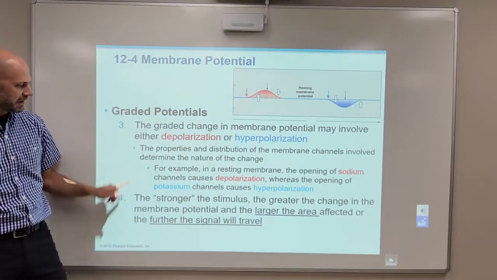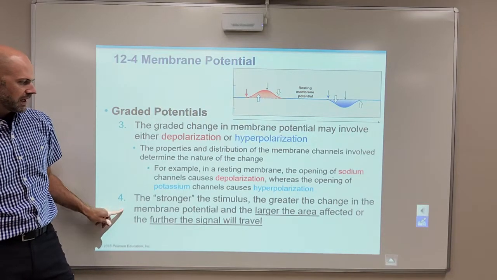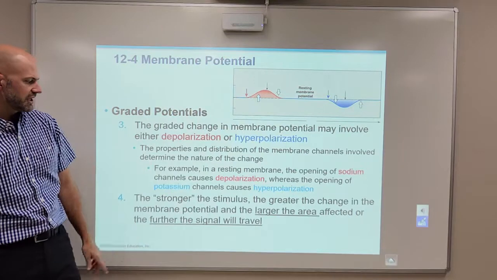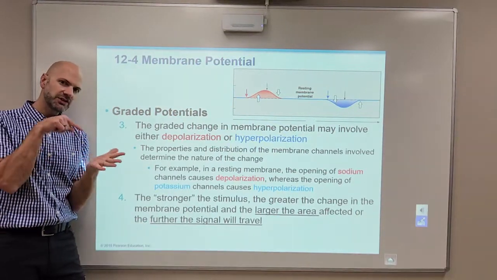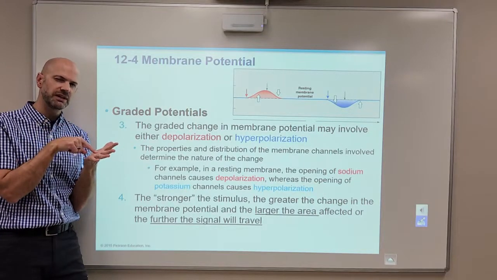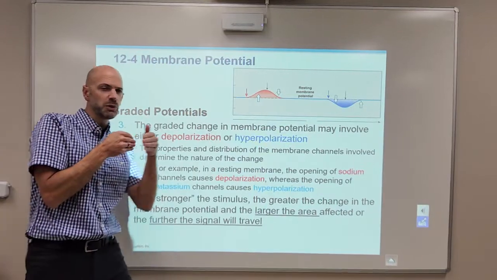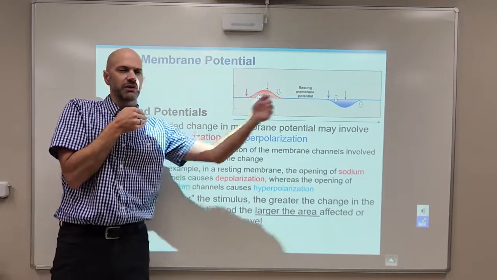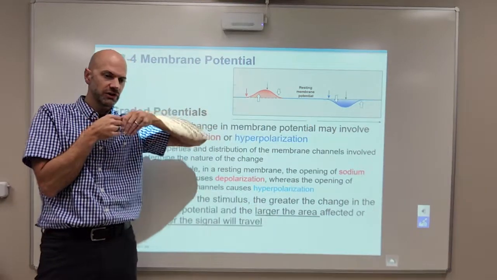That's number 3. Number 4, the stronger the stimulus, the greater the change will be. So at the source, if we increase the strength of the depolarizing event, we get more depolarizing, we can move that wave further across the soma or the dendrites. Stronger goes further.